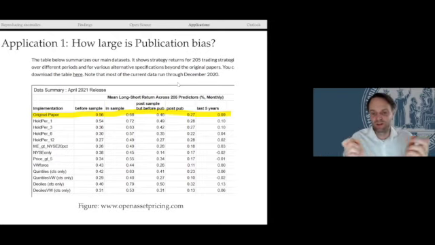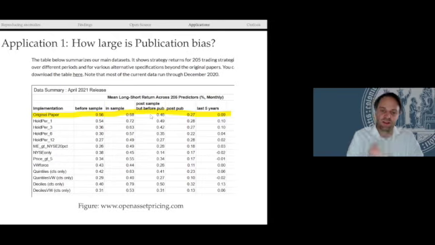The idea being that in between, people are less aware of the signal, so they don't trade on it. But the in-between period still provides an estimate of publication bias, because the return decreases here, to 46 basis points, so it's much lower than the in-sample return. It is much higher than the post-publication return.